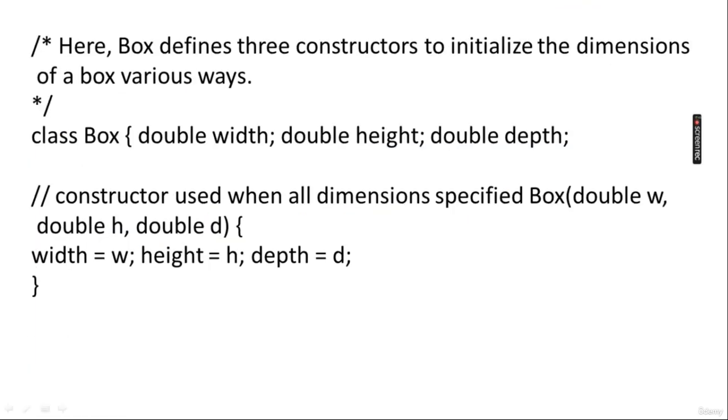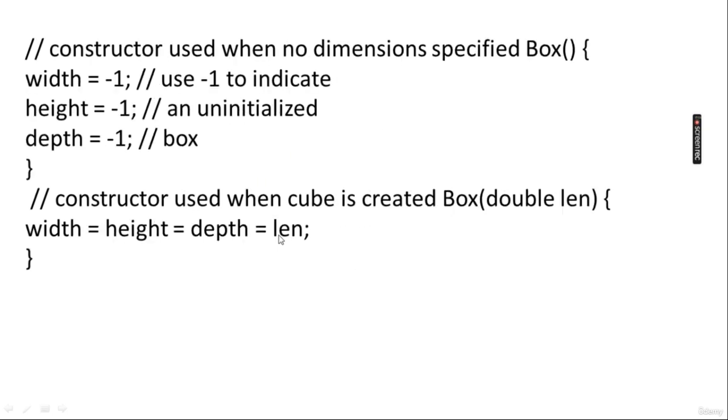So in the previous example, we had only one parameterized constructor, double w, double h and double d, and now a constructor used when no dimension is specified. In that case, I will provide -1 for all the dimensions because it is an uninitialized box. So I do not know the dimensions in this case.